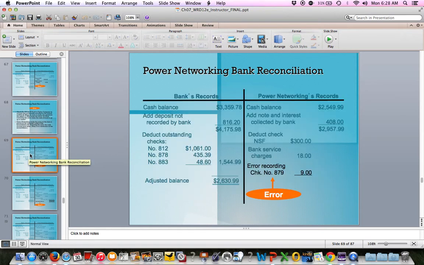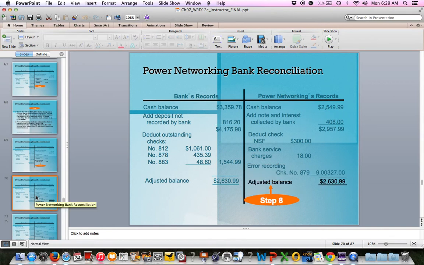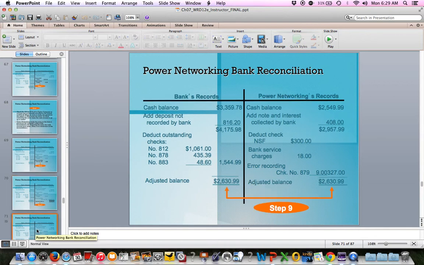Basically a transposition error. This typically results in an error of 9, 18, 27, 9 in this example. So deduct that error, which then gives us my new adjusted balance, and both sides agree. That was the goal, right? Both sides had to agree. That's step 9.